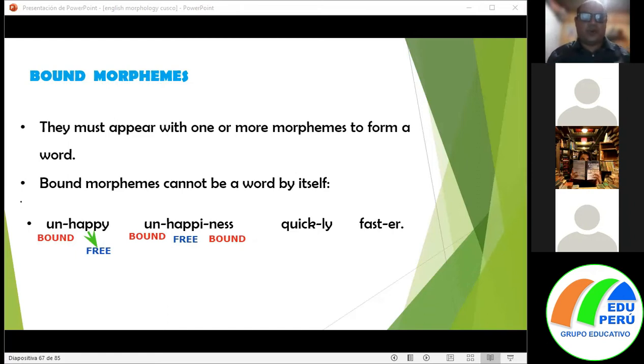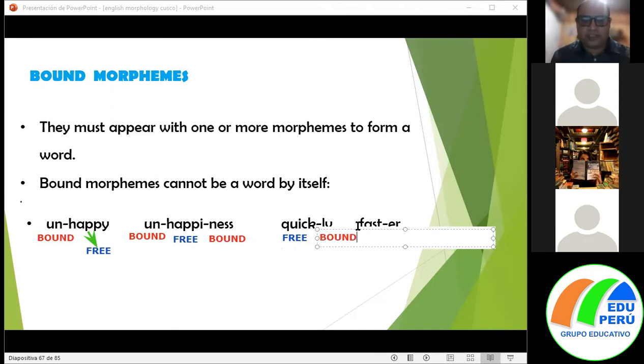So here we have these morphemes. The other one, quickly. Quick is the free morpheme, and ly is the bound morpheme. Bound morpheme ly, to make adverbs.